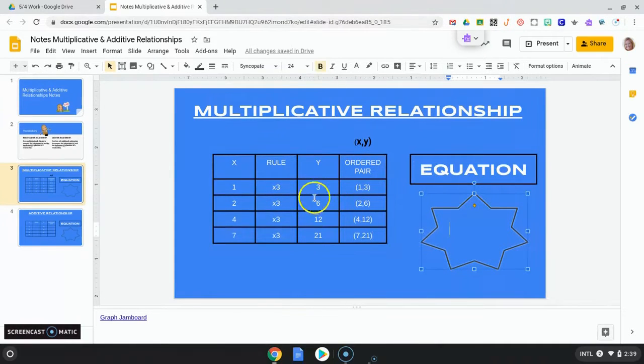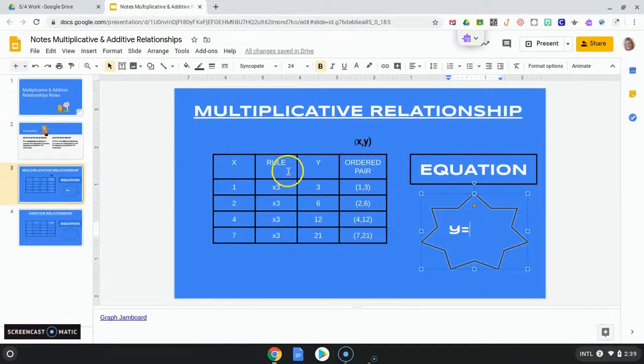Now, remember last week we created our equation from our table, and we're going to do that same thing. So my equation is always going to start with Y equals. That's how my equation starts, because this is my dependent. This number is always going to change depending on what my X value is.